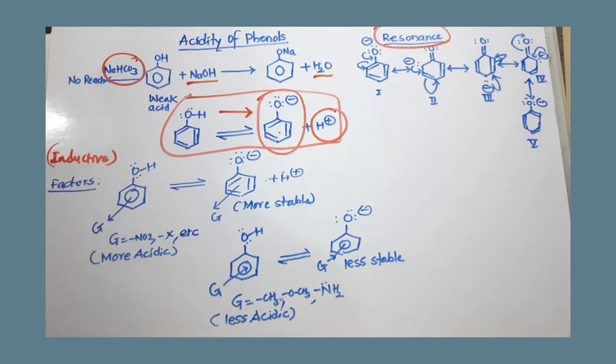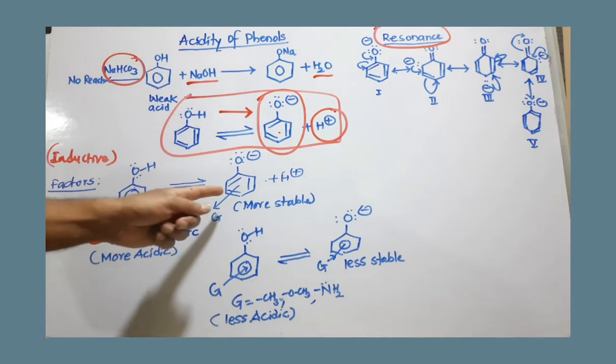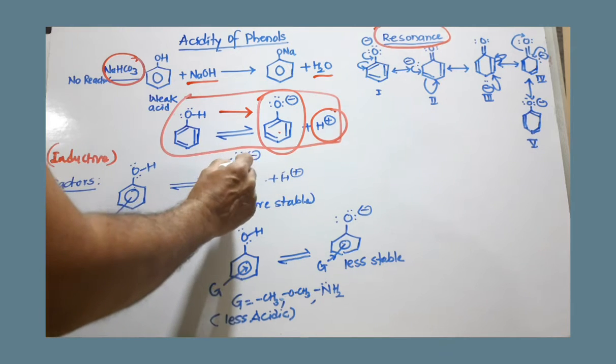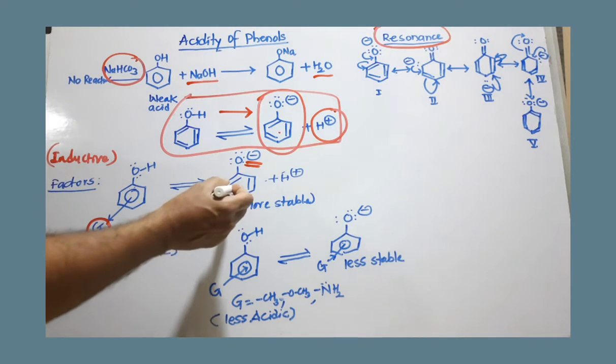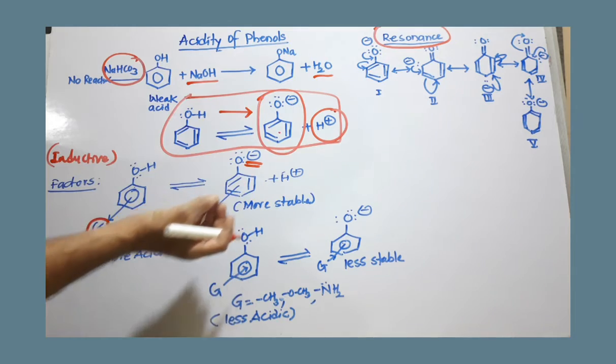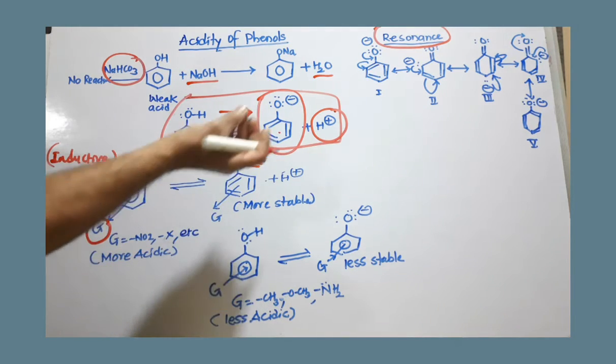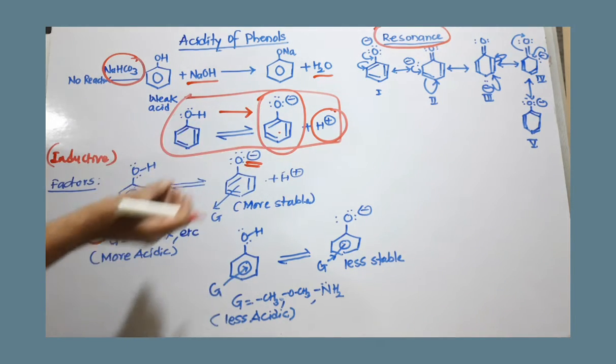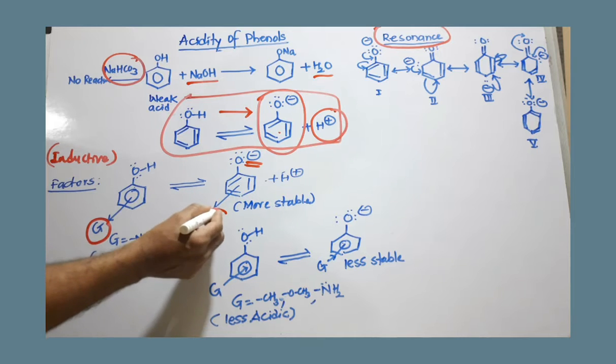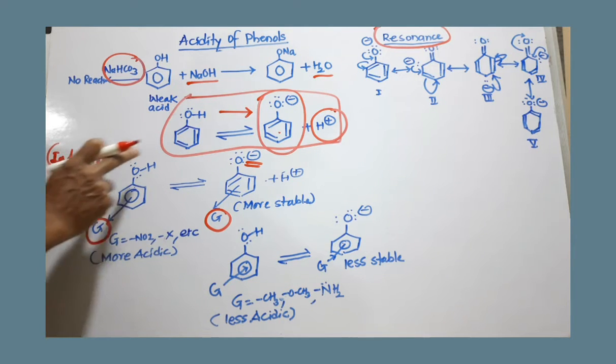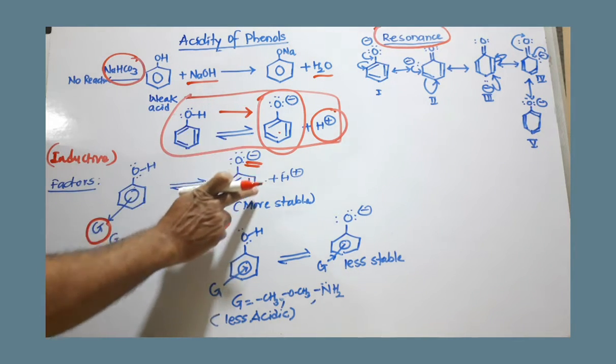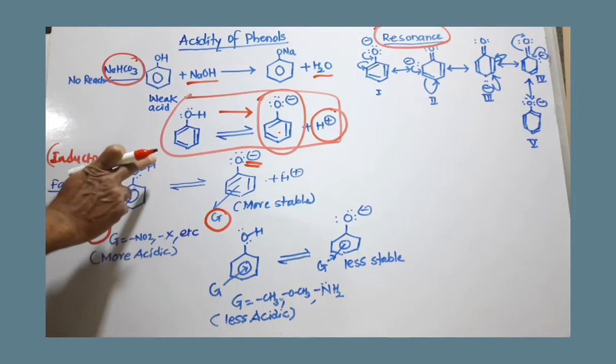If an electron withdrawing group is there, it is removing electron density. You can see here, this is unstable because of the negative charge, and any group which removes that electron density by the minus I effect will obviously increase the stability of this phenoxide ion.